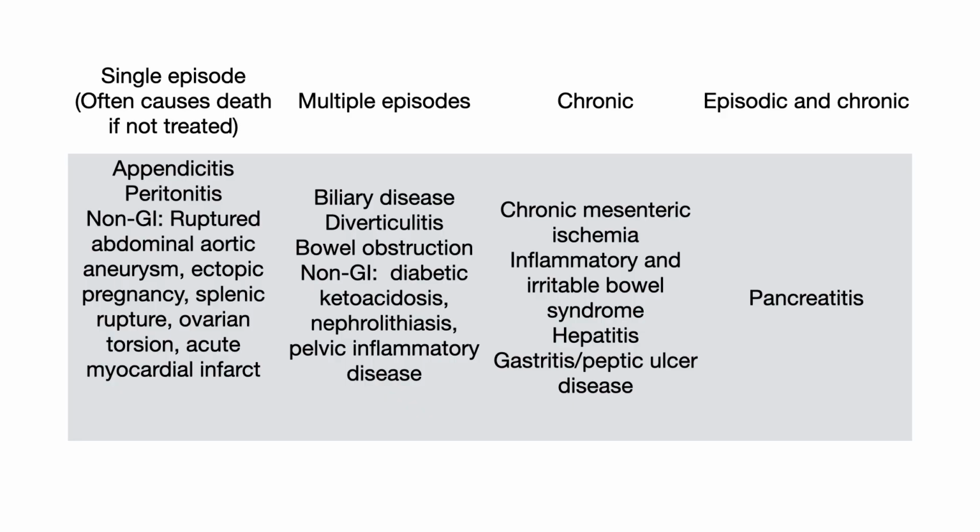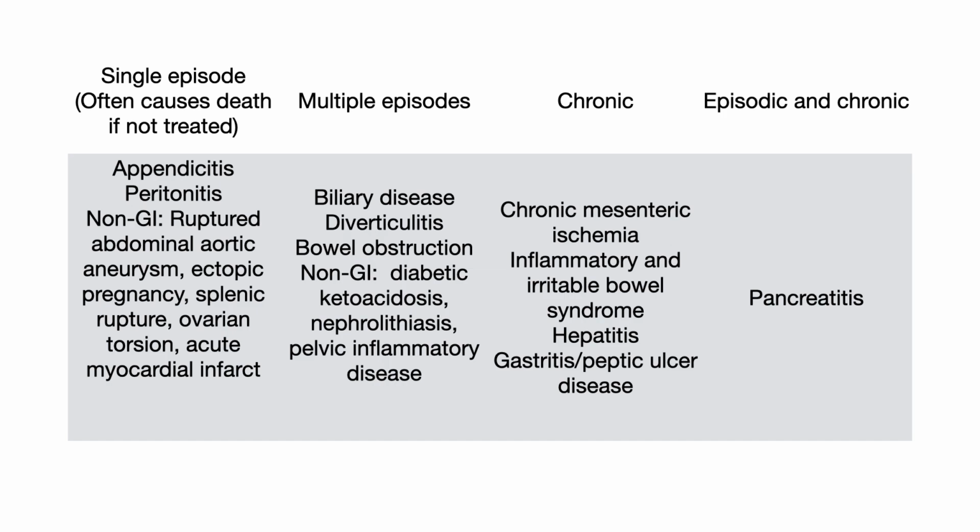Whereas with multiple episodes, you think about things like biliary disease every time they pass a stone. They might have no symptoms in between, but whenever they pass that stone, they have it. Diverticulitis, same thing. You can have diverticular disease and be completely asymptomatic, but if it gets inflamed, which can happen more than once, then they get that. Non-GI: diabetic ketoacidosis, known for causing abdominal pain.